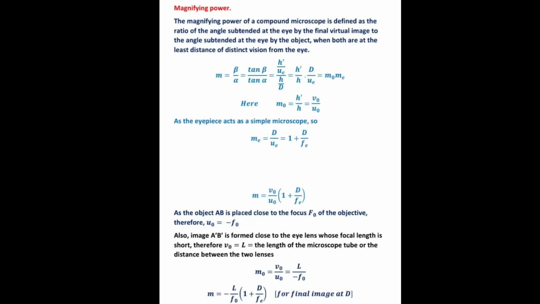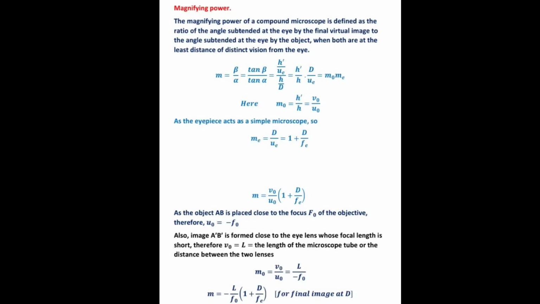These relations are useful in case of numericals, that is m can also be written as m naught me, and m can also be written in terms of v naught upon u naught multiplied by 1 plus d upon fe. Now as the object AB is placed close to the focus f naught of the objective, this is regarded as a special case.